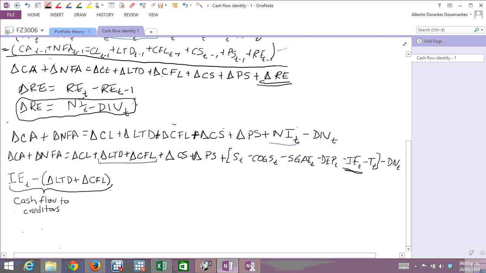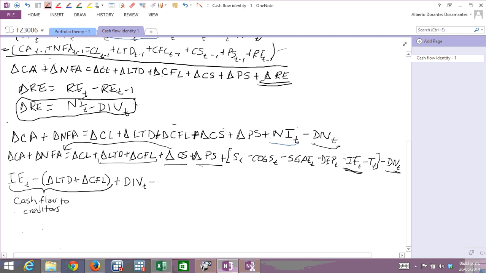Okay, then I'm gonna think of the terms that belong to shareholders. Then I'm gonna put plus. Which term belongs to shareholders? Dividends. Dividends are here, and also the delta of common stock and the delta of preferred stock. Since dividends is negative, now it becomes positive, plus dividends of time t, and the common stock and the preferred stock have a positive sign, so I'm gonna move them to the left hand side.